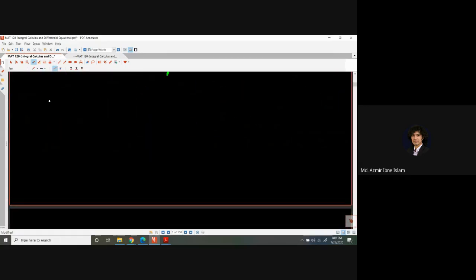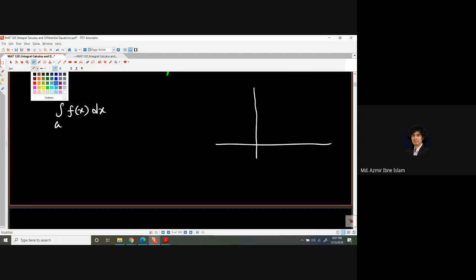So here we have again integration from x equal to a to b of f of x dx, and I am drawing the geometrical concept again. Suppose we have the function y equal to f of x, any arbitrary function, and here we have a. A is the lower limit of integration, and b is the upper limit.